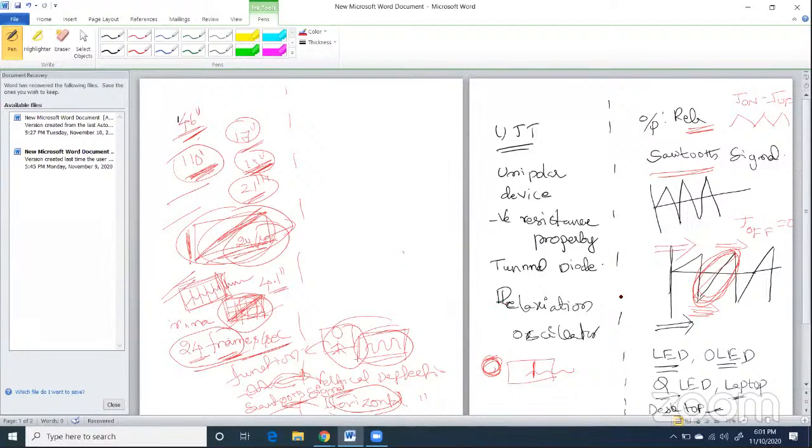What is the application of a sweeping signal or sawtooth signal? The application of the sawtooth signal is that it is used to sweep the waveform across the screen.